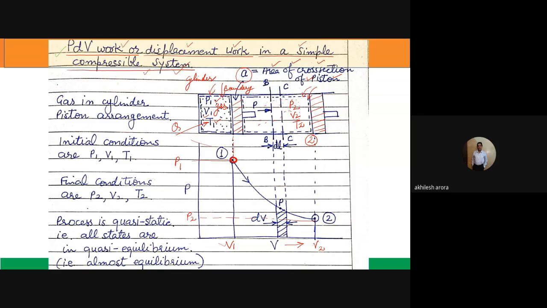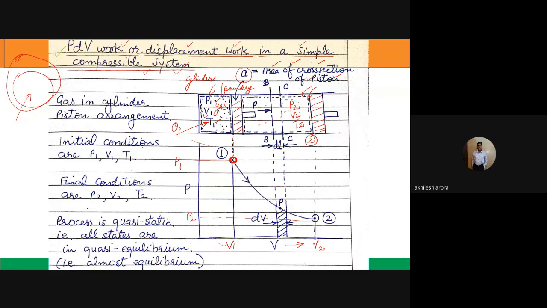For example, if you have a balloon and you are filling air inside this balloon, its shape will change. So after filling the air, there is change in volume and pressure. So we are trying to calculate PDV work for such systems where the volume or the pressure or the temperature will change. But always remember that it's a closed system. Okay. So I hope this is clear.